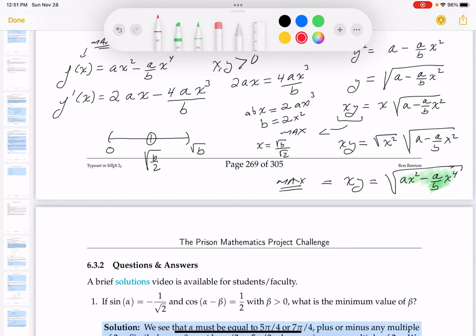Let me do that. f double prime now. What's that going to be? 2a minus 12 a over b x squared. You may wonder why I'm doing that. I'm trying to figure out the shape of that curve. And that's going to be a downward facing parabola.